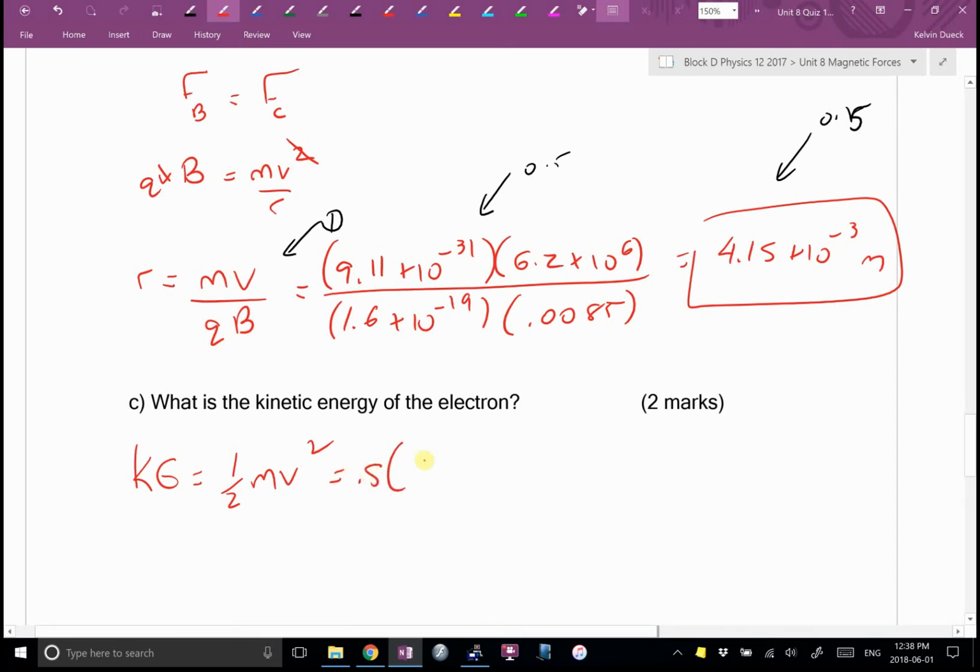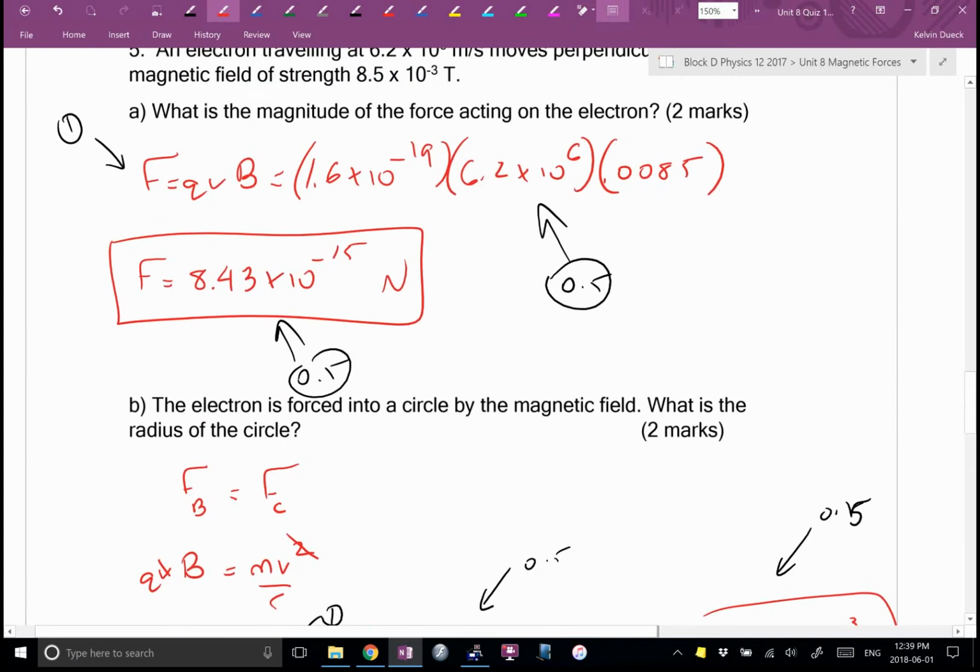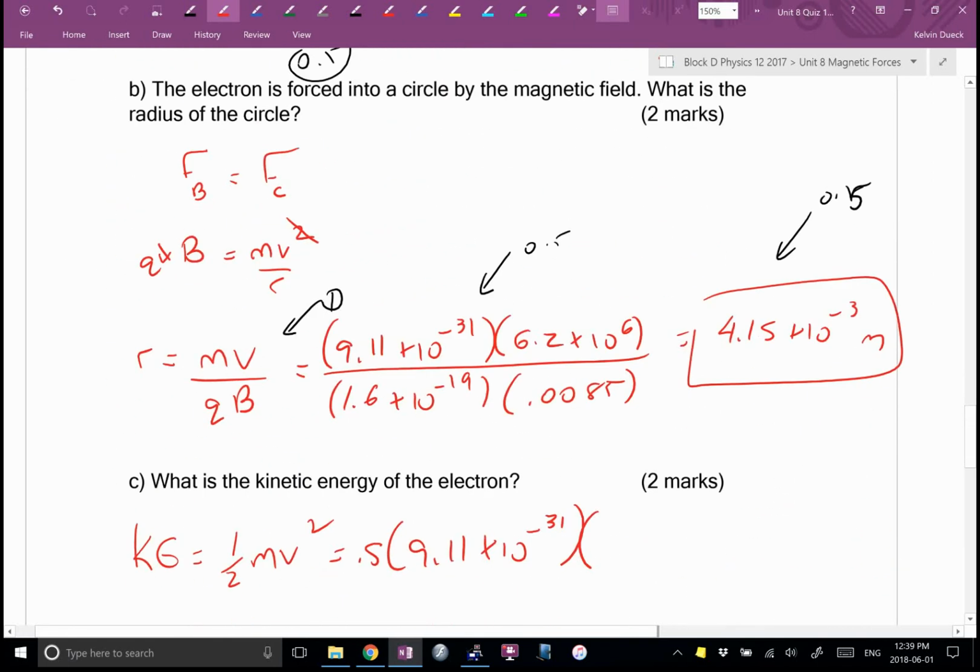A half, 9.11 times 10 to the negative 31. v, this is straight plug and chug, 6.2 times 10 to the 6th squared.